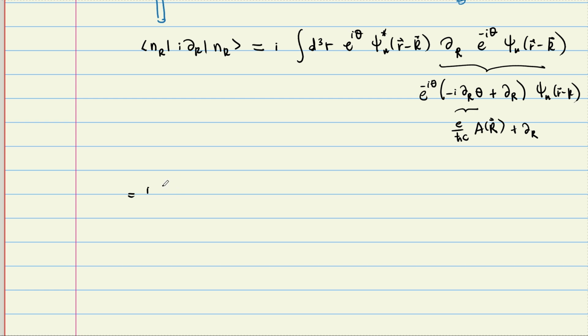So this is i e over h bar c, integral d cube r, and these phases did their job, and we can cancel them.